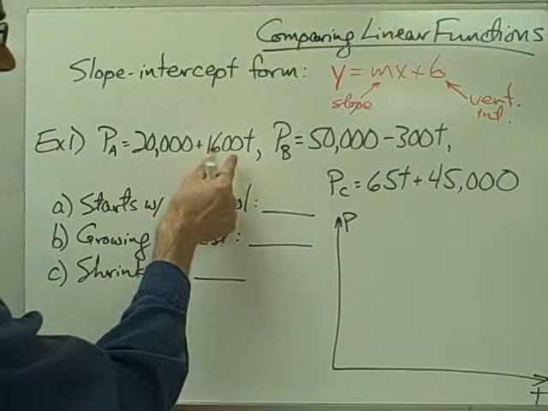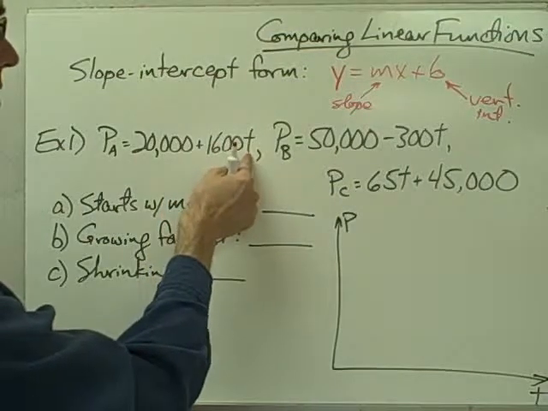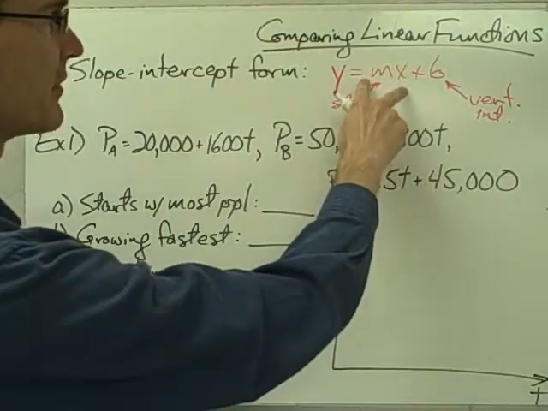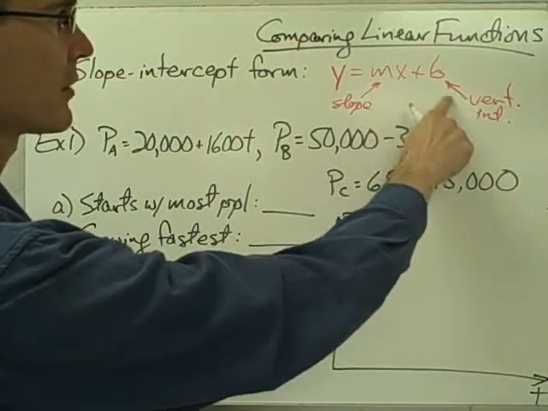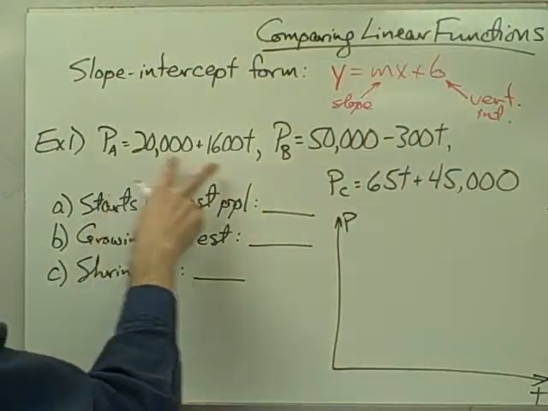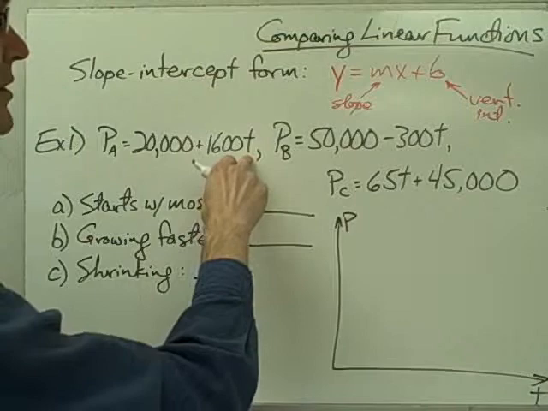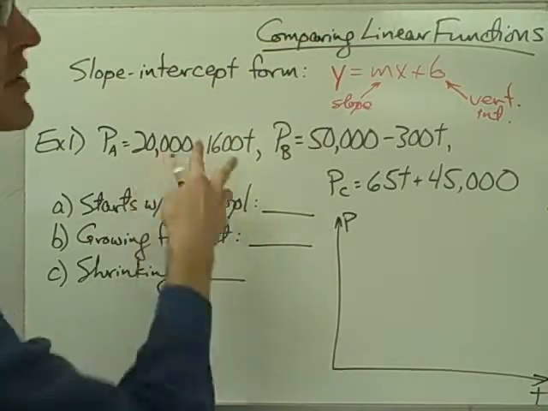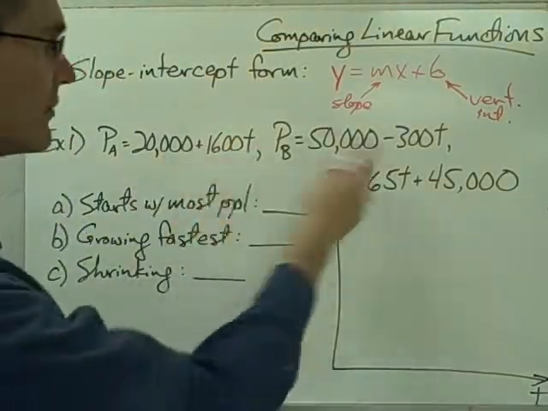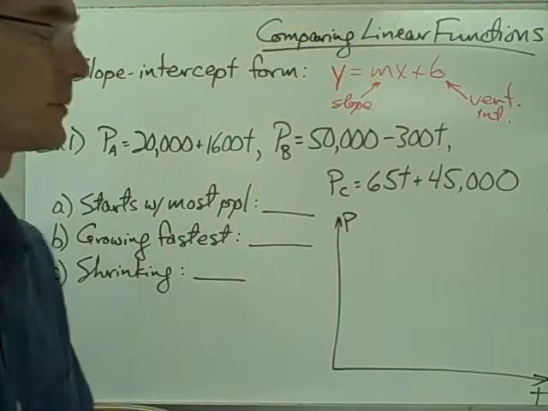I don't have the slope times the independent variable coming first, and I don't have the vertical intercept second. Here I've got my vertical intercept and then the slope times the independent variable. So this is still considered the slope-intercept form even though those are swapped around.